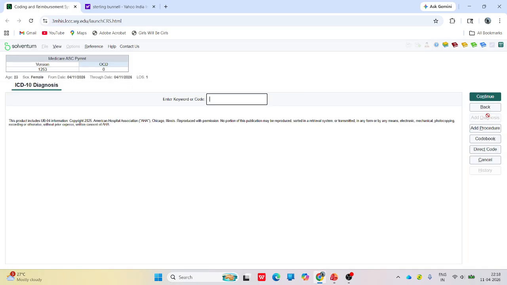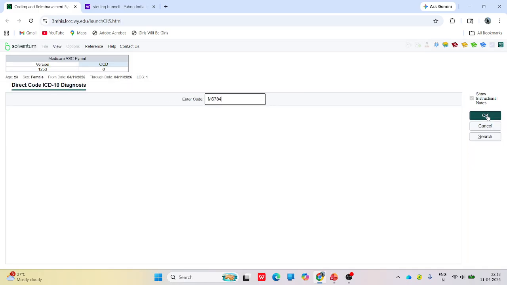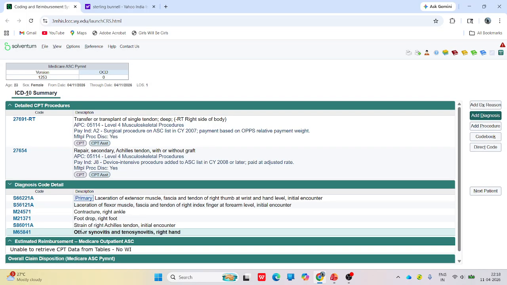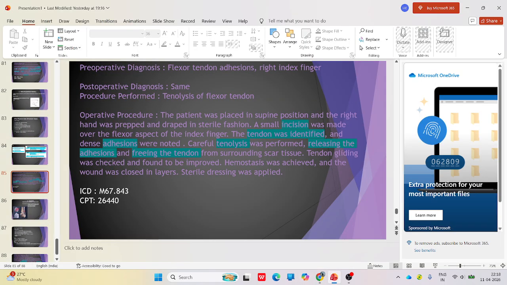M67 847. Okay, so this one is not available. So this one is our right code. Okay, M65841. And now the procedure, that is tenolysis of flexor tendon.